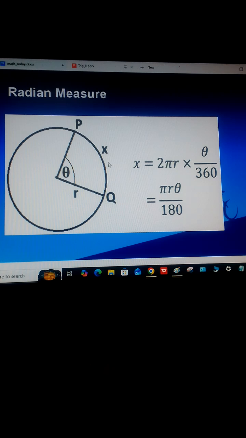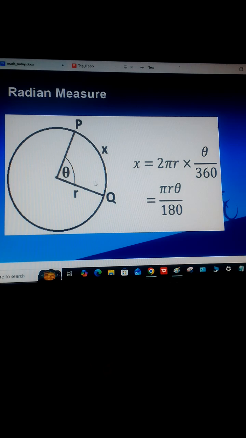So in that case, we find that x is equal to 2 pi r times the angle that the arc subtends divided by 360. So x is equal to 2 pi r times theta over 360. When you simplify this, you get x is equal to pi r theta over 180.